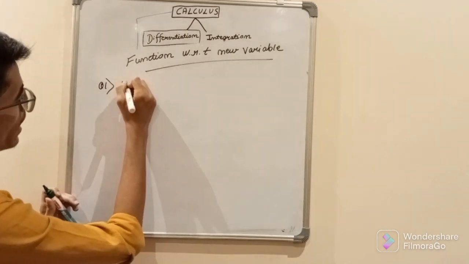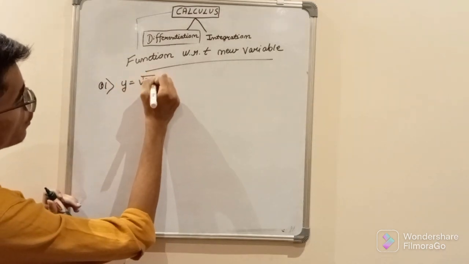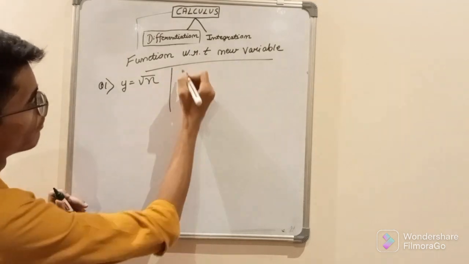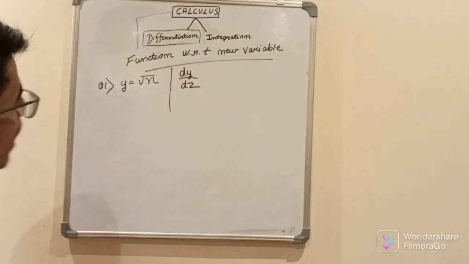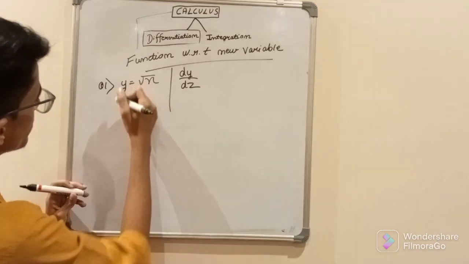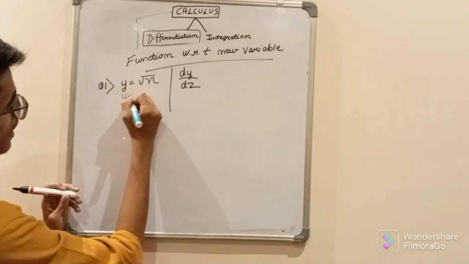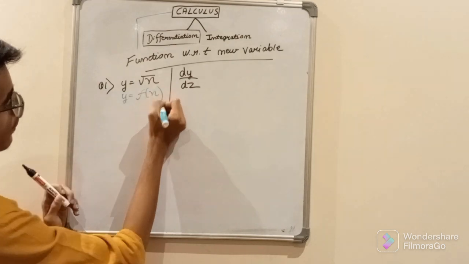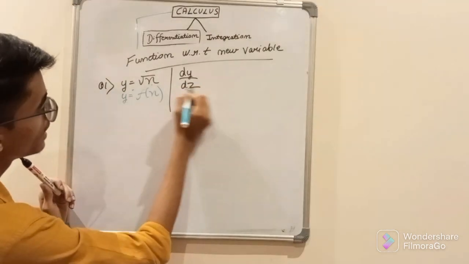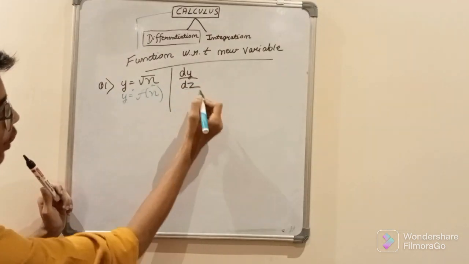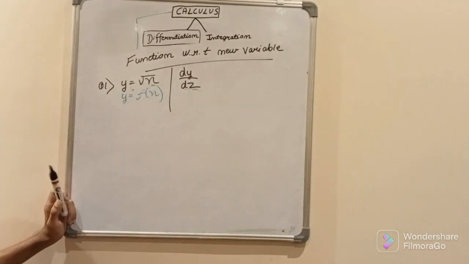Let's say y is equal to root x, and we are asked to find dy upon dz. Now as you can see, this is y as a function of x, and we are asked to find dy upon dz. We do not have a dz over here, we do not have any z over here.